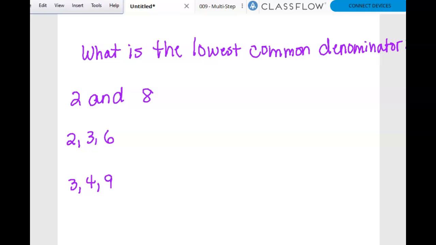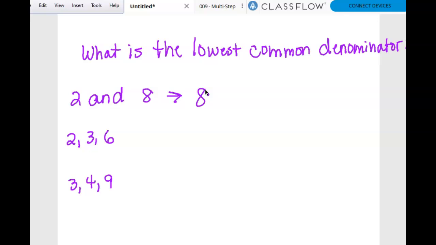Lowest common denominator means the lowest number that you can divide both of the numbers into. Okay? So if I have 2 and 8, what's the lowest number I can divide them both into? Does 8 divide into 2? Or does 2 divide into 8? 2 divides into 8, so the lowest common denominator is 8.